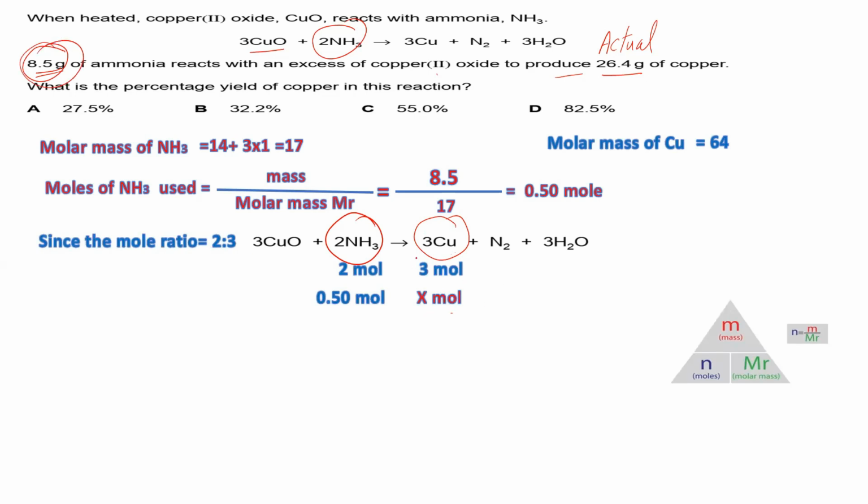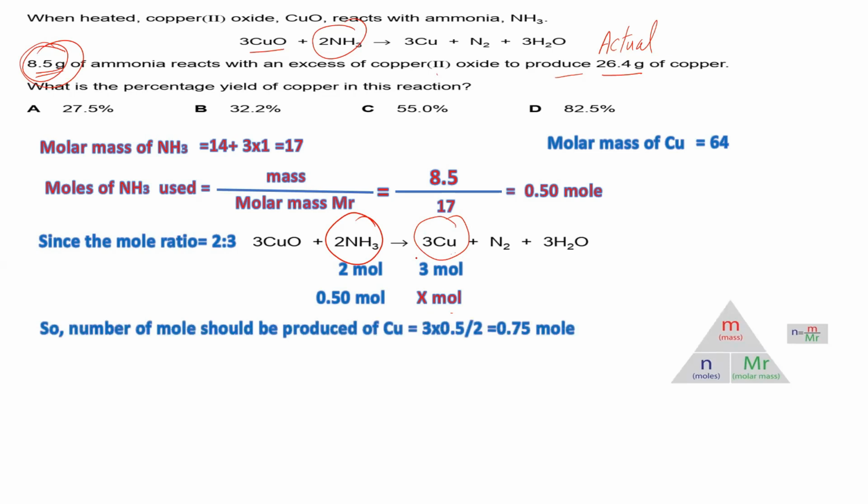By cross multiplication, we can obtain the number of moles of copper produced: 3 times 0.5 divided by 2 equals 0.75 mole of copper.